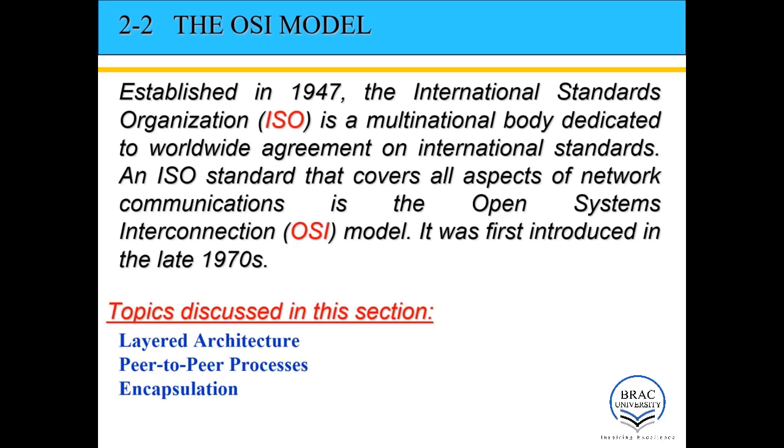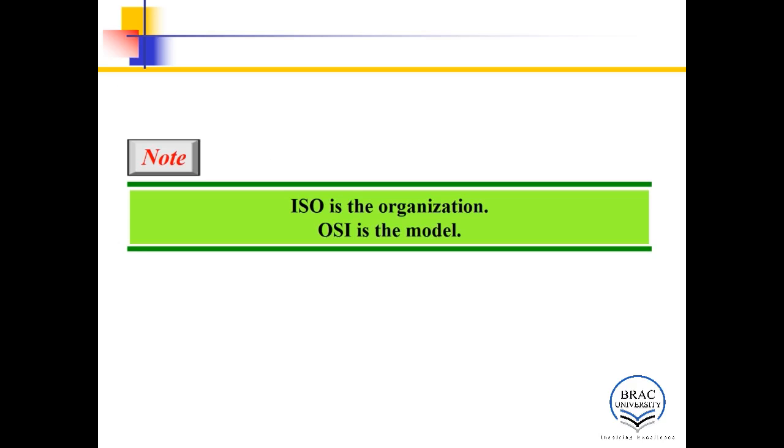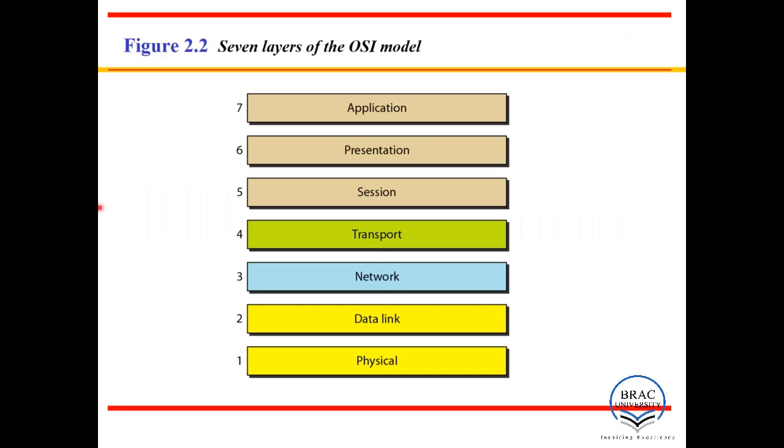So let's take a look at this model first. We have already said that ISO is the organization that approved this OSI model. The OSI model involves 7 different layers, which are shown here.